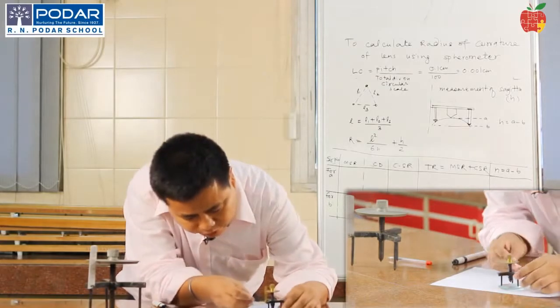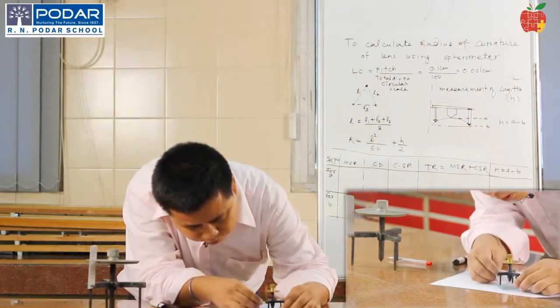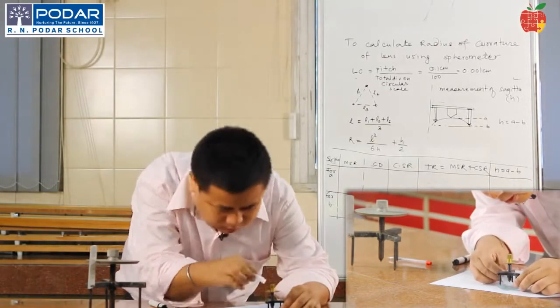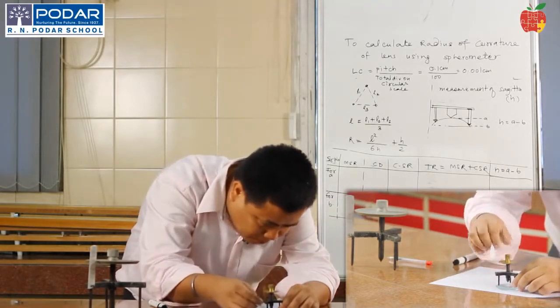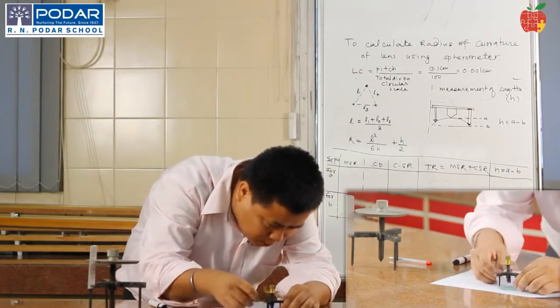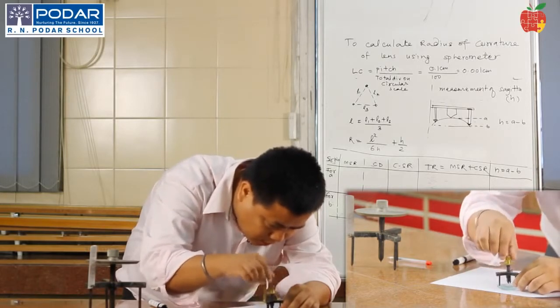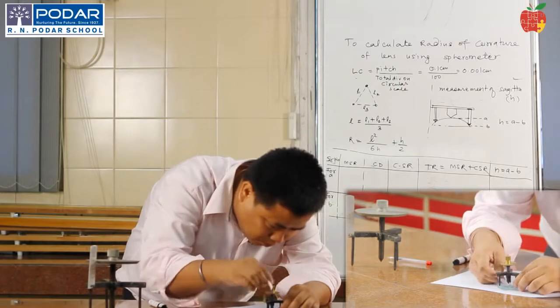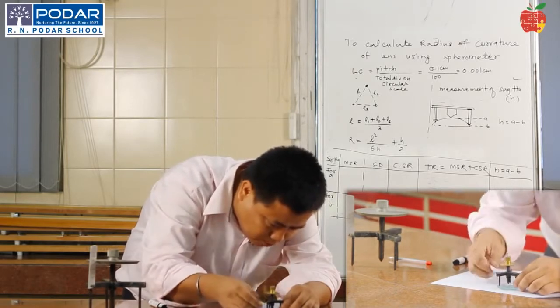Using a paper we'll find out whether it is touching or not. If the paper can pass through, it means it hasn't touched. When it touches the lens, the paper will not pass through. So we need to find that particular position.